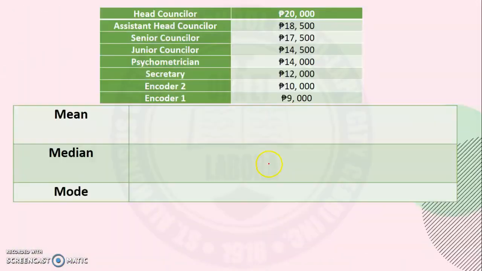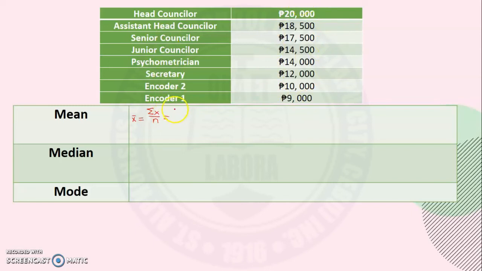So first, let's solve for the mean. To solve for the mean, we need to use the formula: mean equals the sum of x divided by n. So these are the values of x, which are the given values.